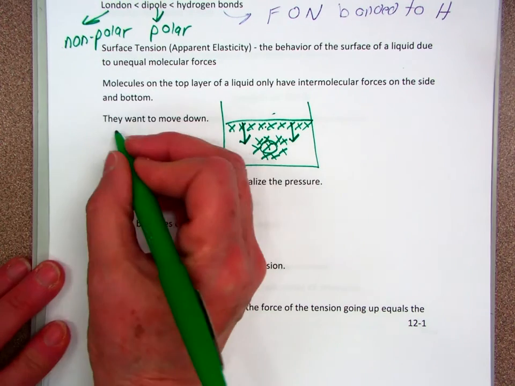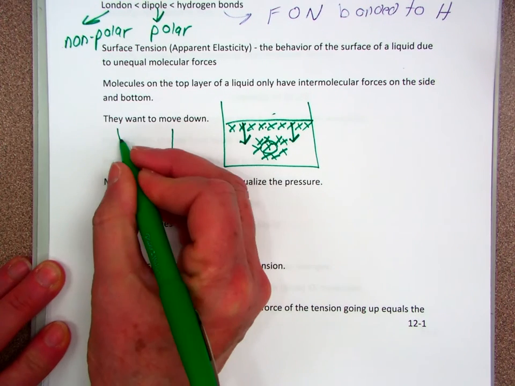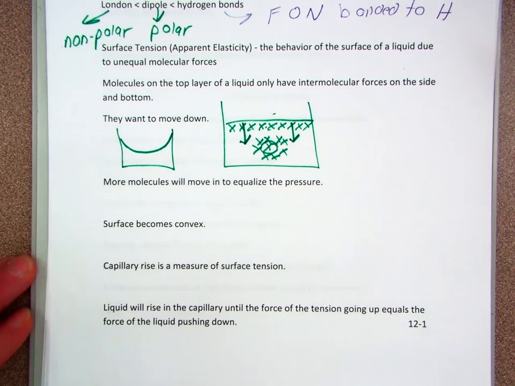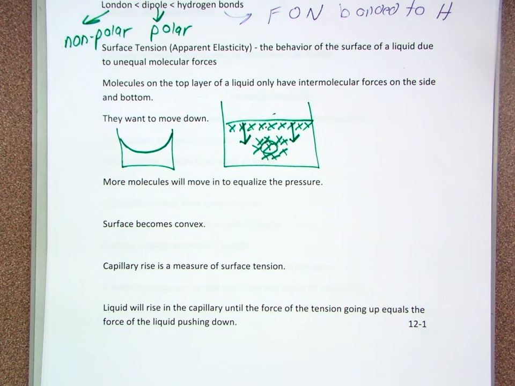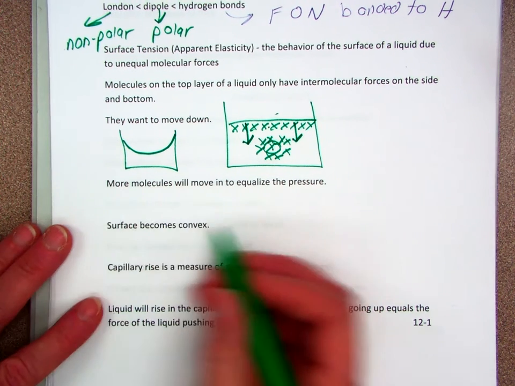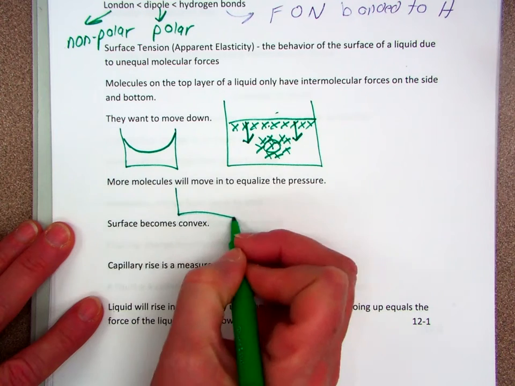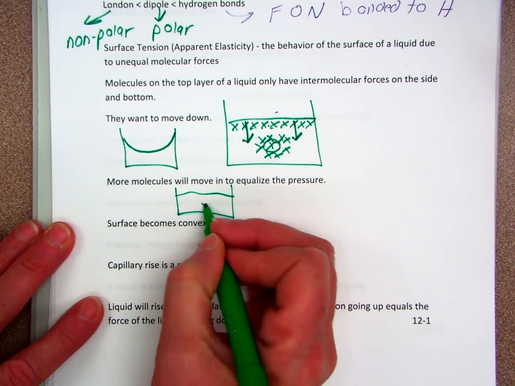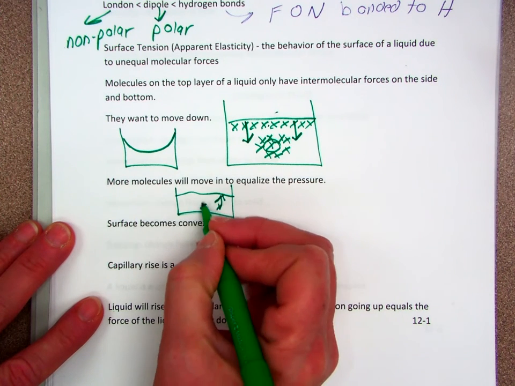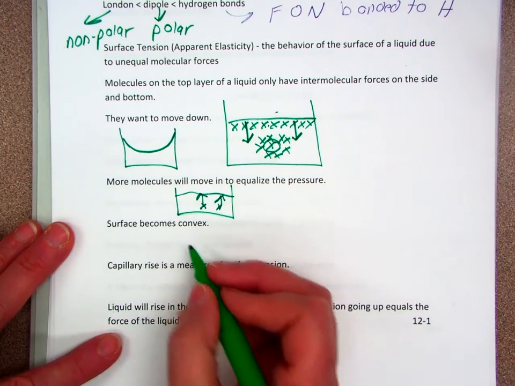And this will result in the surface becoming concave. Now, when that happens, when we have that disturbance, if we have a high intermolecular force and we have a high surface tension, more molecules are going to move in to equalize that pressure. So it's like the guys down here are saying, oh, disturbance at the surface, let's go up there and check things out.